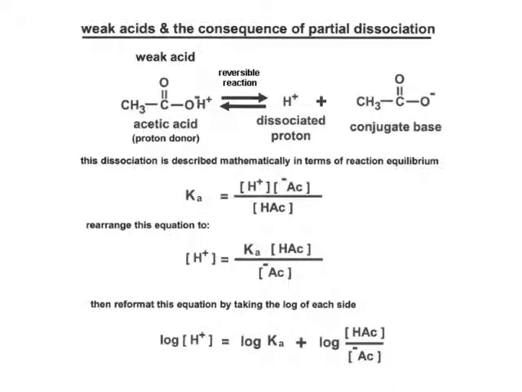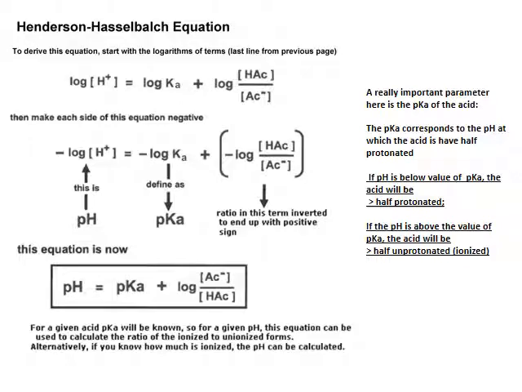Okay, we're going to further change this equation, and we're going to multiply both sides of the equation by minus 1, so we get minus the log of the proton concentration equals minus the log of the Ka, and minus the log of the concentration of the acid over the concentration of the conjugate base.